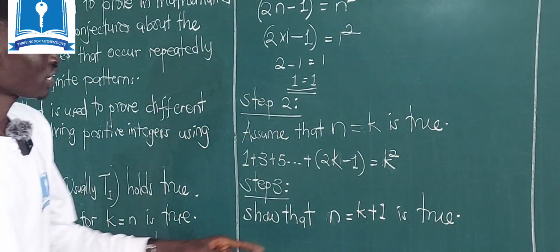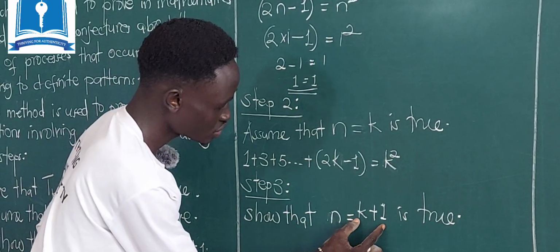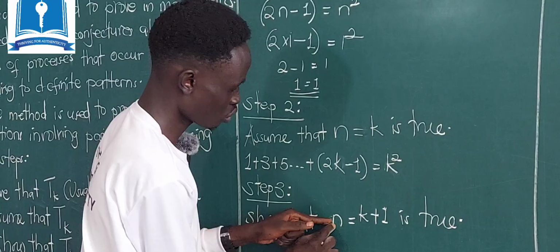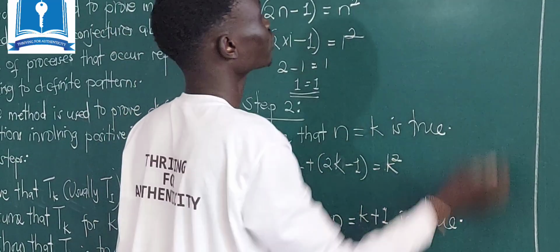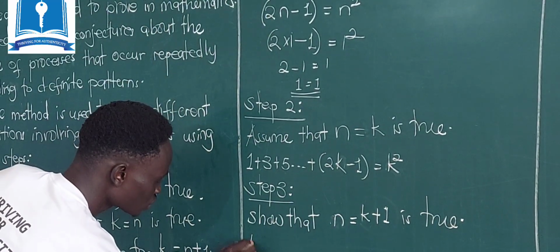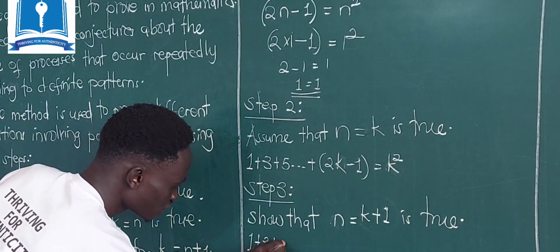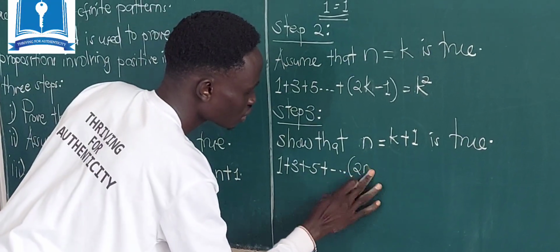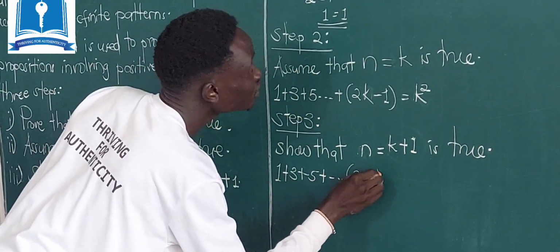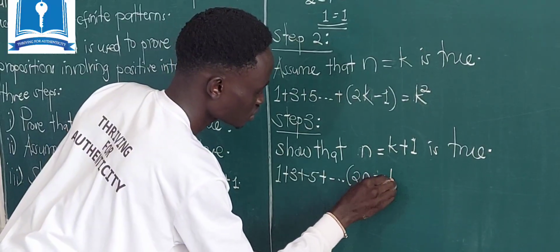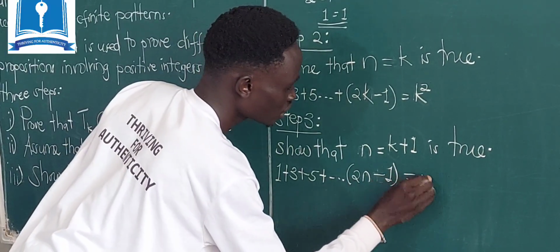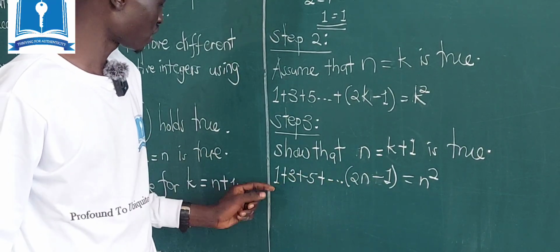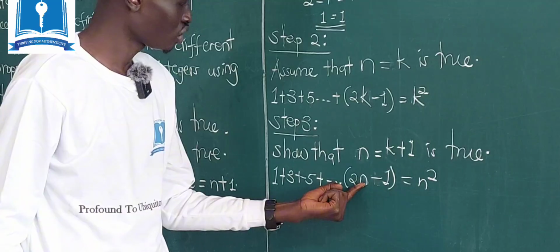Since n equals k plus 1, we are going to substitute this value of n here. Let us bring 1 plus 3 plus 5 plus up to 2n minus 1 equals n squared. Every place that has n, you substitute this.